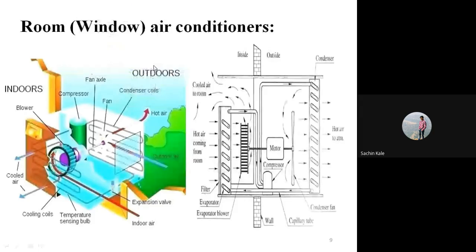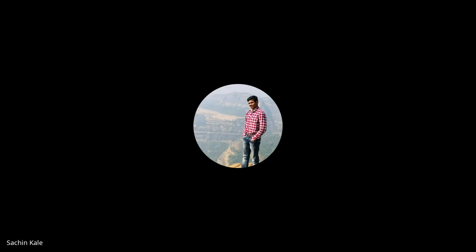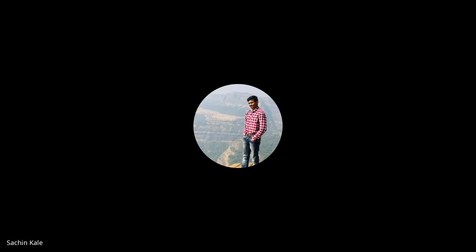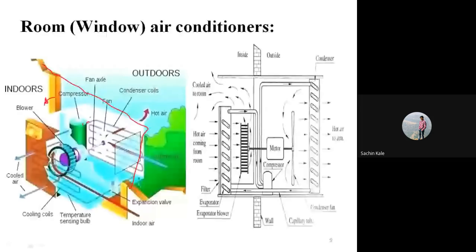this is the compressor. Then the outlet of the compressor is given to the condenser. So this is the condenser. That condenser will be situated outside of the room. So towards this portion is your room which you want to condition; half the portion of that window AC will be situated in the room, and the remaining half will be situated outside of the room.